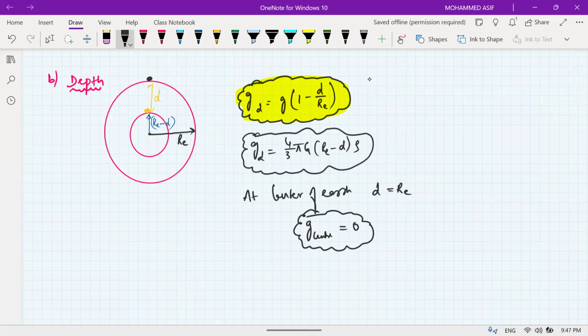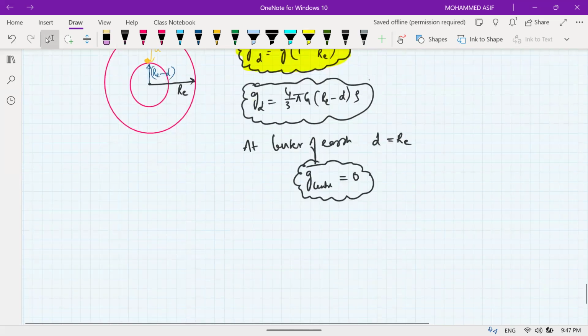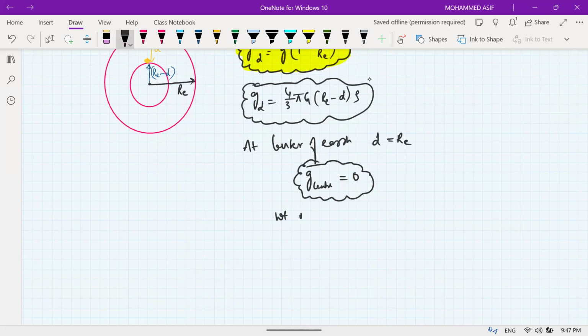Am I clear? That means the weight of the body at the center of the earth is 0. So what is the weight of the body at the center of the earth? 0.